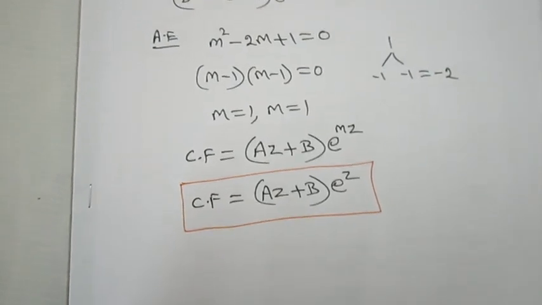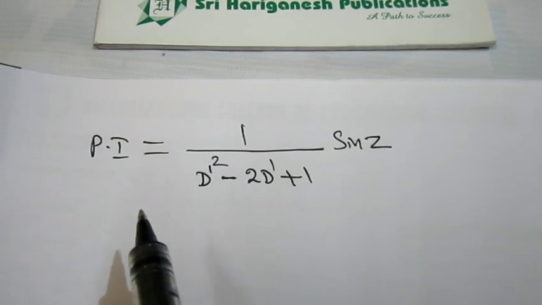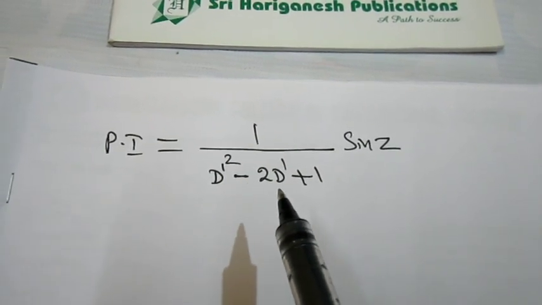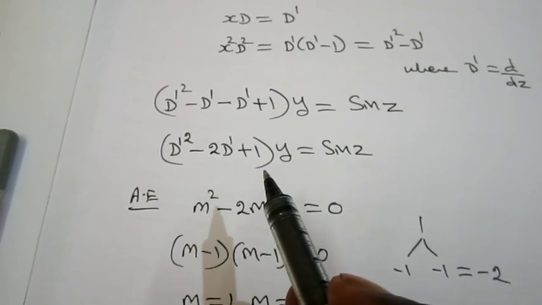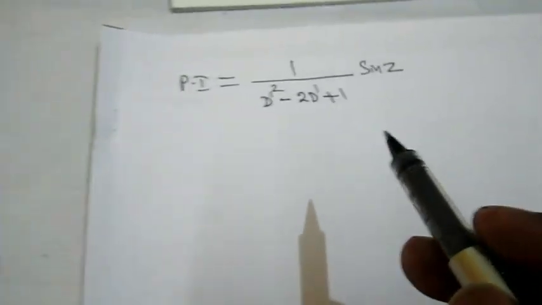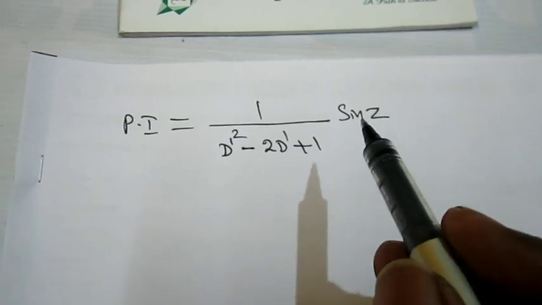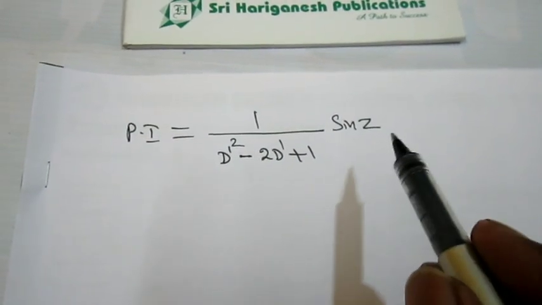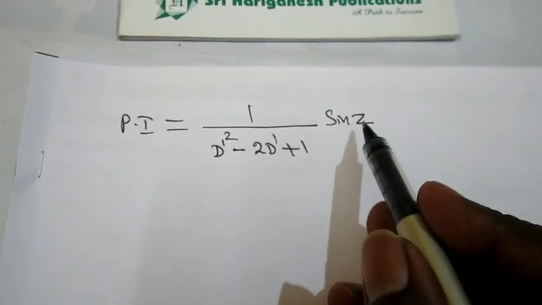Next I am going to find out the particular integral. PI is equal to 1/(D'² − 2D' + 1) sin z. This is type 3 because of the sine and cos terms, so sine term here. In type 3 we have to replace only the D² term, not D. What is the coefficient of z here? 1.